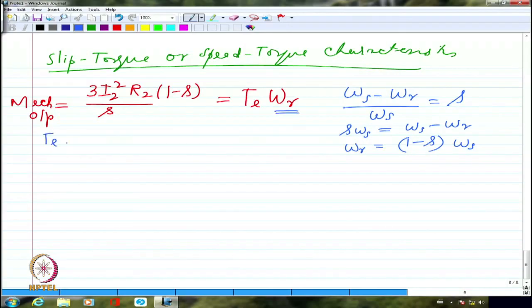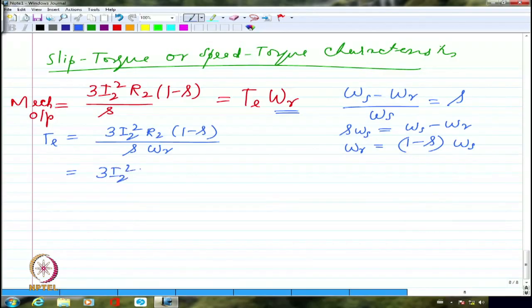So, I can write TE equal to 3 I2 square R2 into (1 minus S) by S omega R, which I can again write as 3 I2 square R2 (1 minus S) divided by S times (1 minus S) times omega S. Am I right? Okay, so I can happily cancel these two.